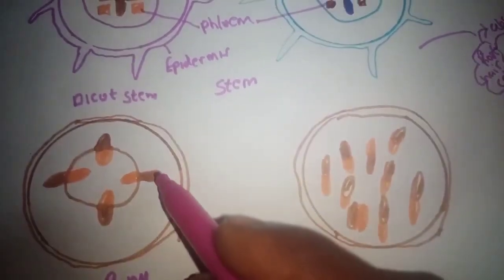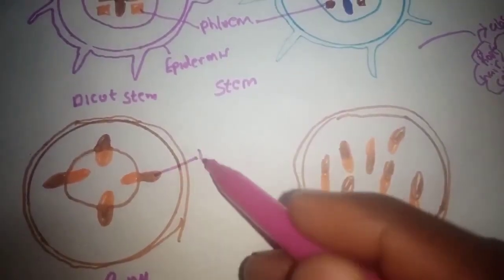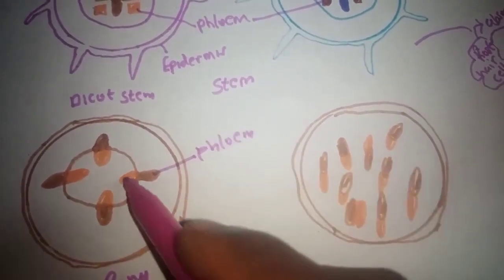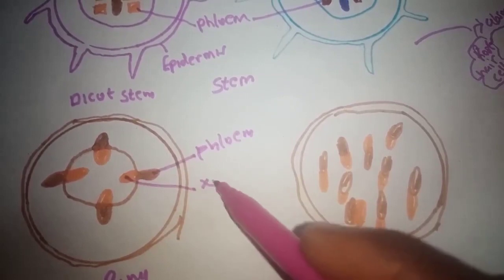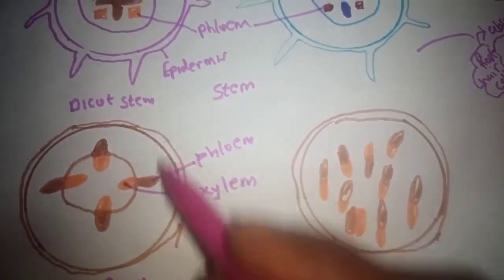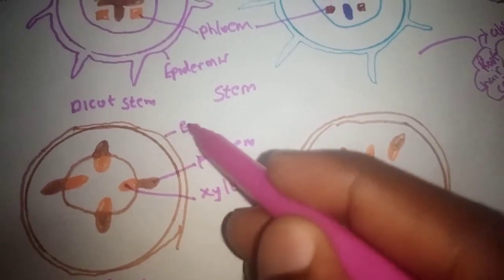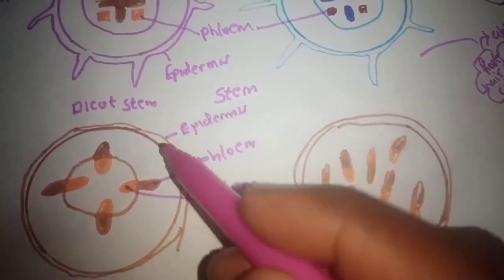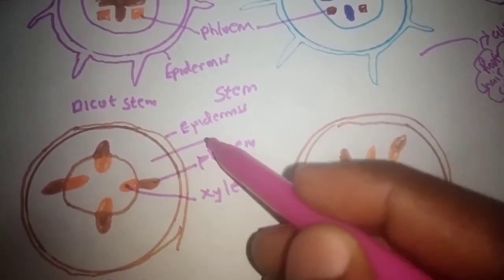The one on the outer side is the phloem, and the xylem is the inner part. Of course you have the epidermis and the cortex.